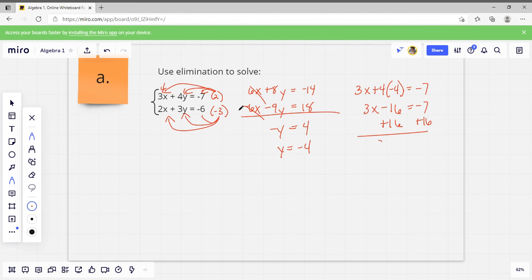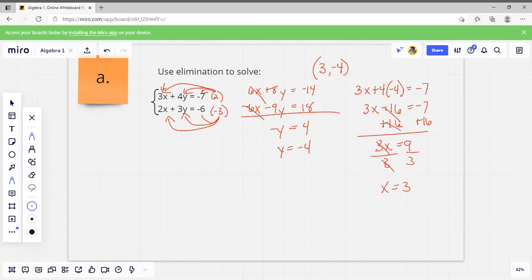That's going to be 3x equals 9. x equals 3. So you should have 3, negative 4 as the answer to that one.